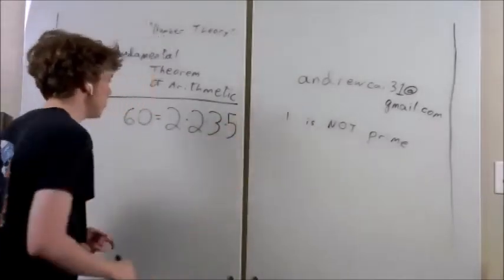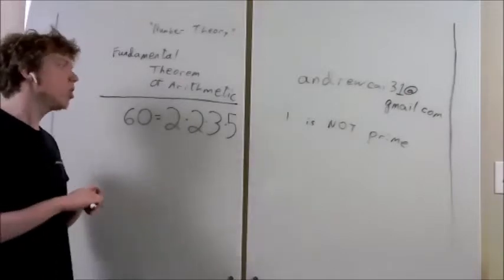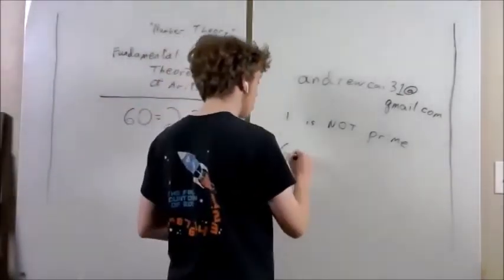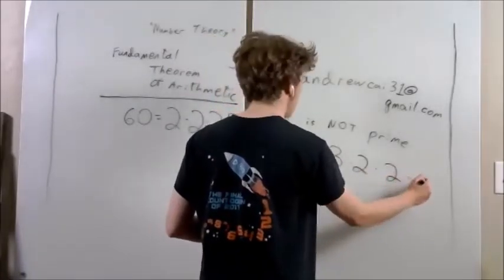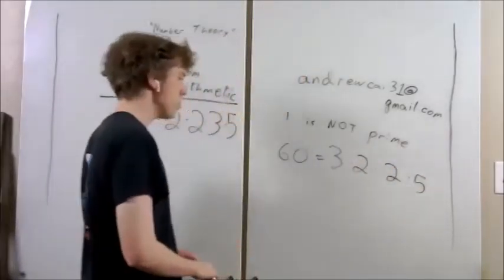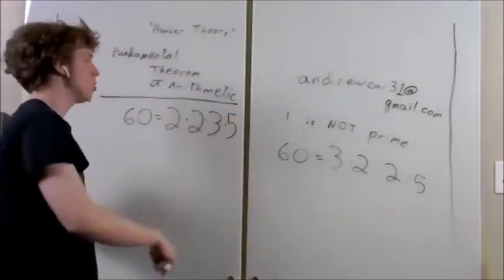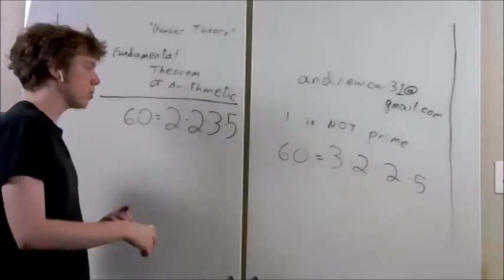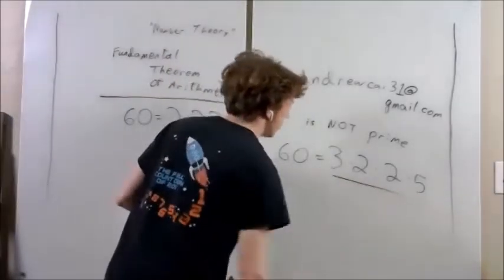These are all prime numbers, and this is the only way to write 60 as the product of prime numbers. Sure, you could write them in a different order, maybe 3 times 2 times 2 times 5, but the point is, it's the same prime numbers, just in a different order. There are the same number of 2s, the same number of 3s, the same number of 5s. It's the same everything.